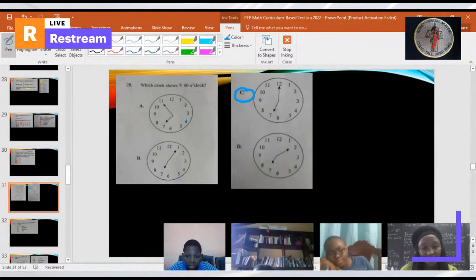I think it's 6:55, because if it was going up to the 8, it would be much closer to the 8. I think they just drew this one too close past the 7. Yes, Miss, it does make sense. Because if it was 5 minutes to 8, the short hand should be much closer going towards the 8. How about B?